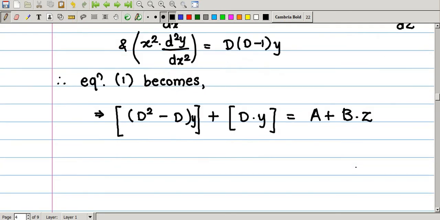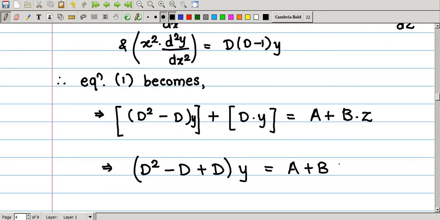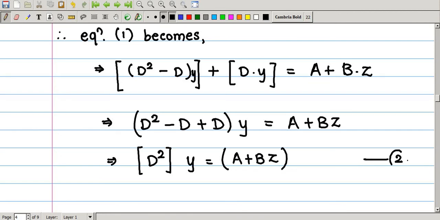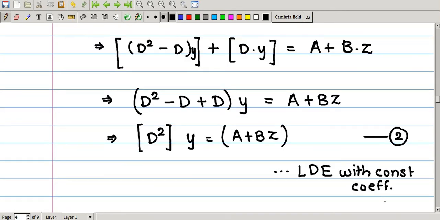If we simplify this, we get D squared minus D plus D into y is equal to a plus bz. That is nothing but D squared, the auxiliary equation, into y is equal to a plus bz. We denote it by equation number 2. So this is a linear differential equation with constant coefficients. Agree with this?